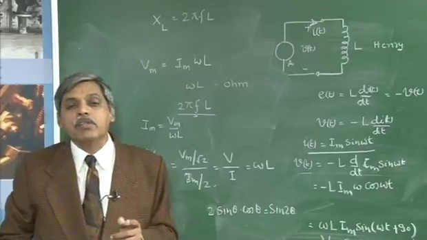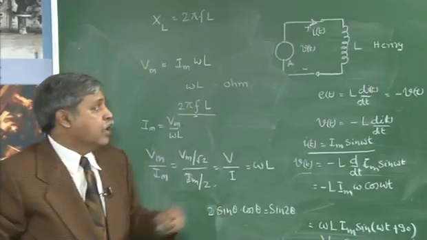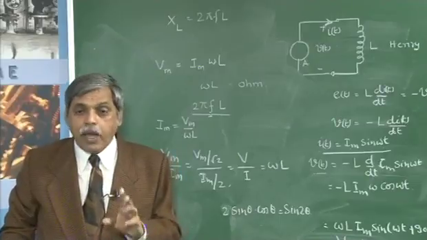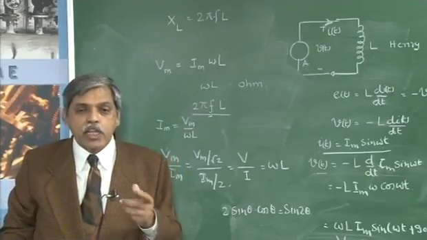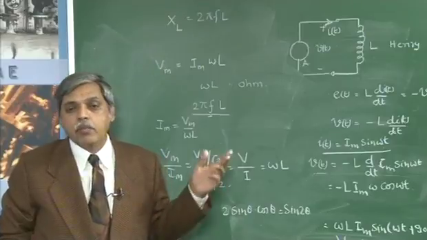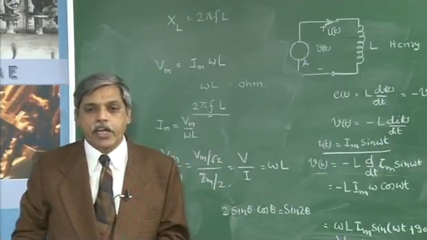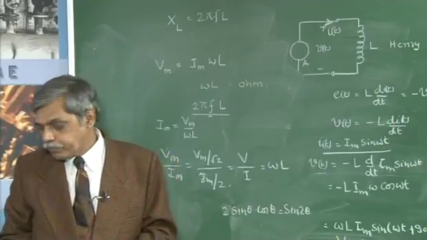So omega becomes 314 radians per second. So XL is equal to 314 multiplied by the L value. If L is 0.5 millihenry, then 314 multiplied by 0.5 millihenry will be the inductive reactance of the circuit.